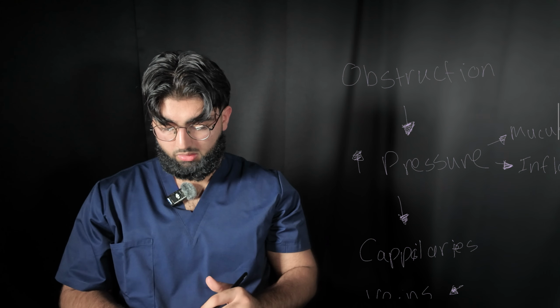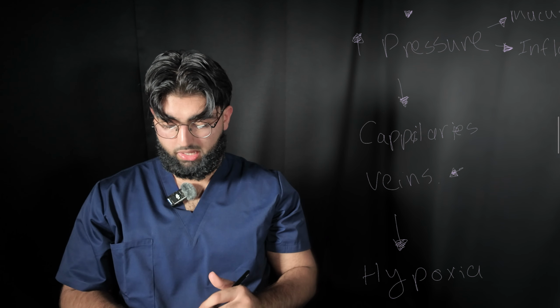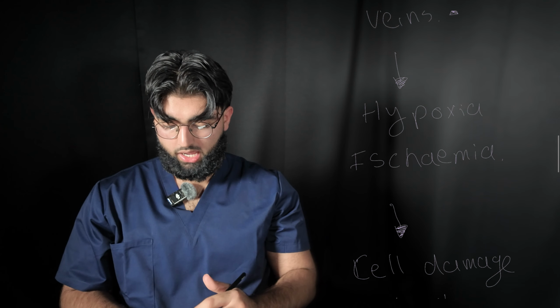So now we've looked at the entire picture here. We started from the obstruction of the appendix, and we've understood why it leads to appendicitis, meaning the inflammation of the appendix. Now, when the appendix is inflamed, it can lead to a couple of things if it's not treated promptly and adequately.